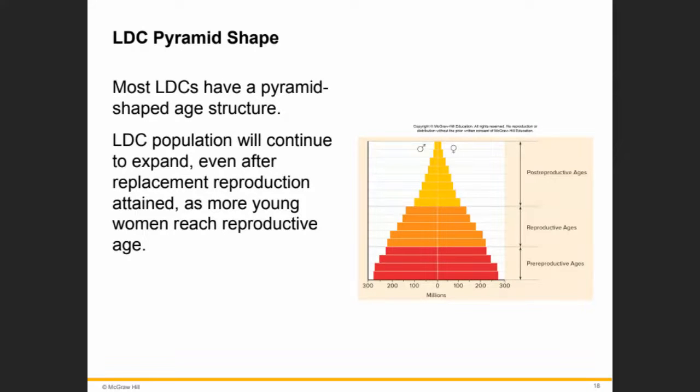The population will continue to expand when the reproductive age and pre-reproductive age, as I said, compared to the post-reproductive age, are higher in number, as you can see here in this slide.